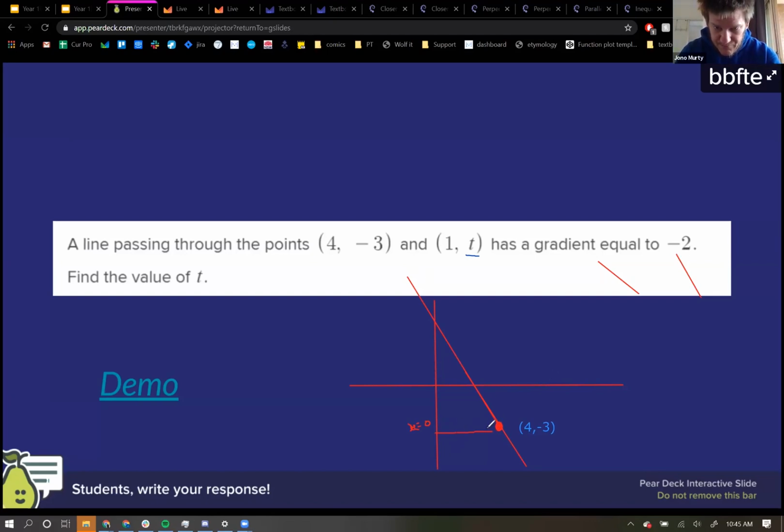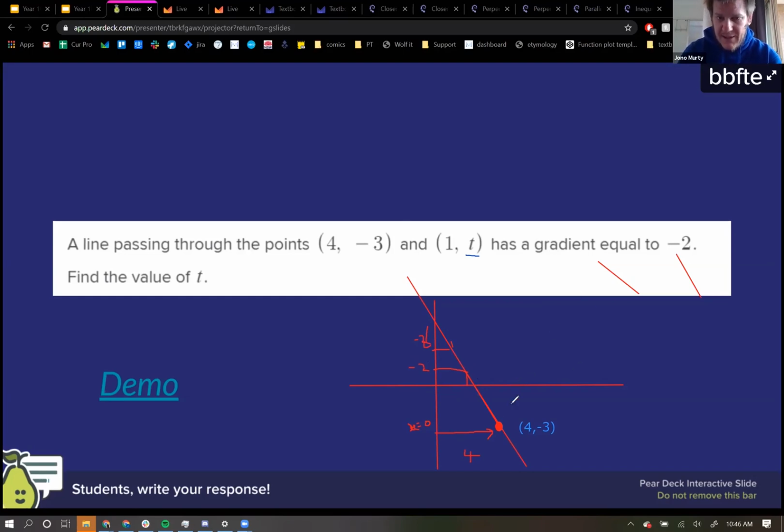So if x has increased by 4, we know this is going to be going down minus 2 each time this goes across 1. So that's minus 2. If that's, let's say that's 1, it's gone down minus 2. If this is 2, it's gone down another minus 2. If this is 0, so 1, 2, 3, it's gone down another minus 2.